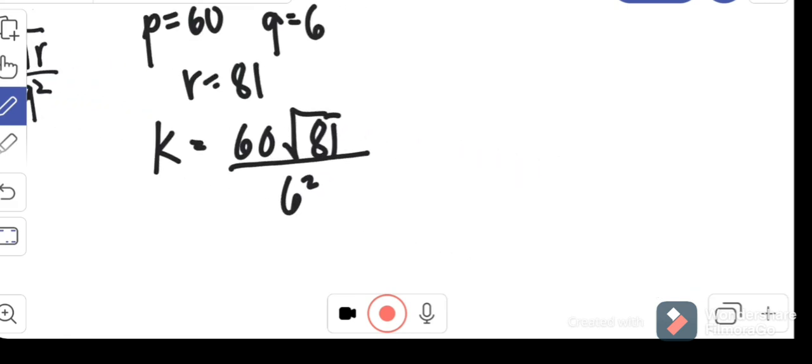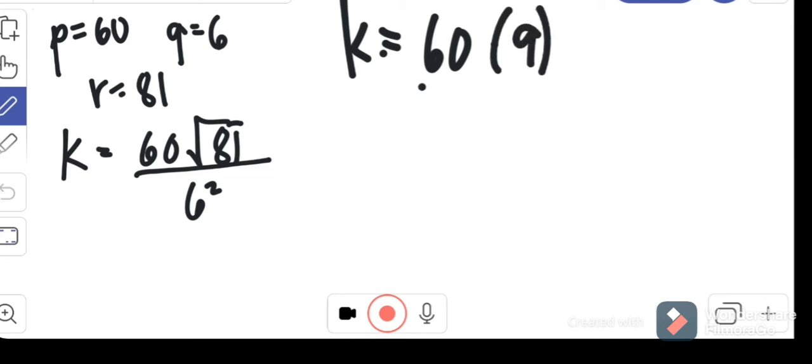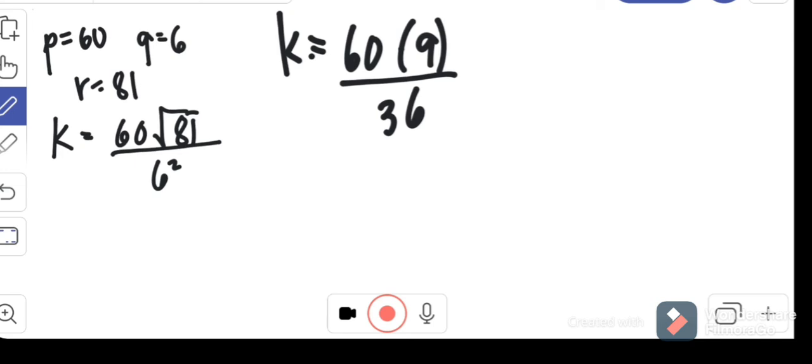Then let's simplify. That's k is equal to 60. Square root of 81 is 9. And then 6 squared is 36. Now let us simplify. Let's use cancellation. So 9 and 36 are both divisible by 9, giving 1, and then 4.